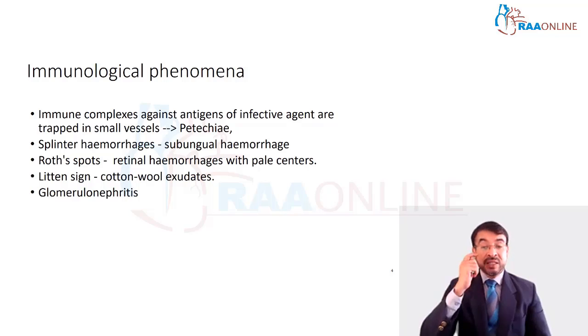When it occurs in the eye, in the retina, they're called Roth spots. And whenever there is a hemorrhage in the retina, there is also exudate, and that in a retinoscope is seen as cotton wool exudates. So that is called Litten sign. And the immune complexes can get trapped inside the capillary tuft in the glomerulus.